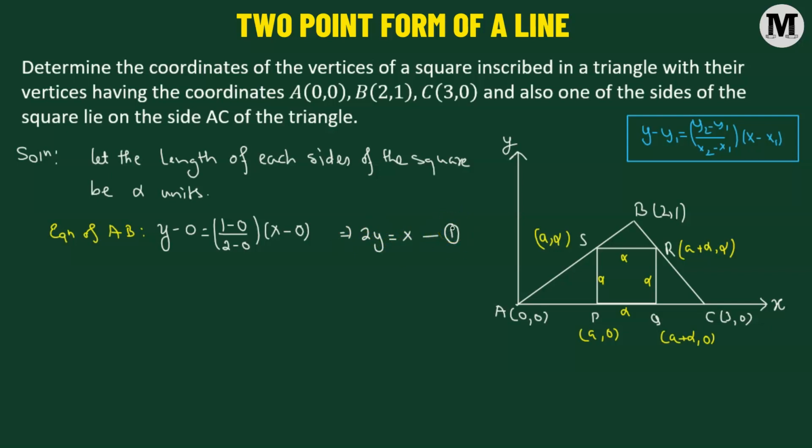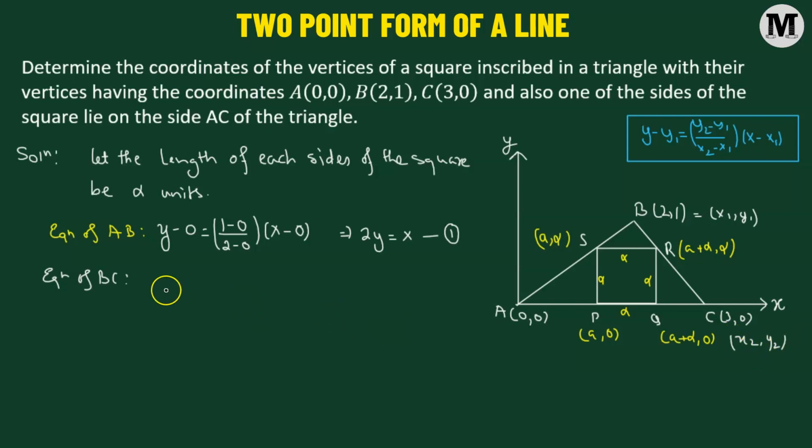Next, we'll try to find out the equation of BC. So again, we'll be using the two-point form. This time we will suppose that B corresponds to (x1, y1), and then we have C corresponding to (x2, y2).